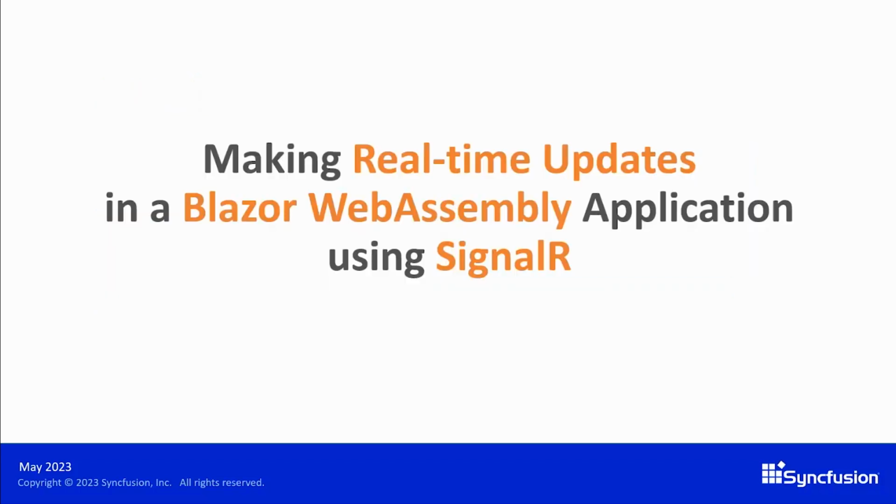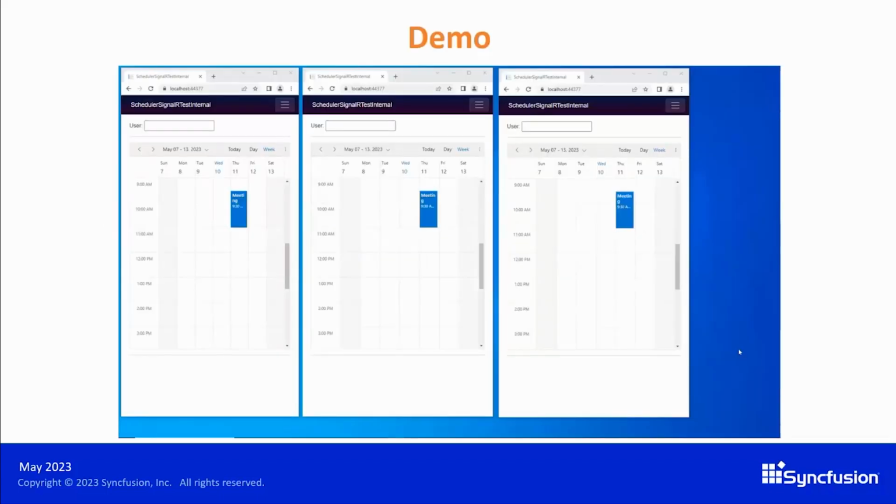All right. We'll see directly how to make such real-time updates. So first I'll show you the demo, what we are going to build actually today. Let me play this. But before that, I'll just tell you what we are going to do today. So we'll be having a Blazor scheduler.